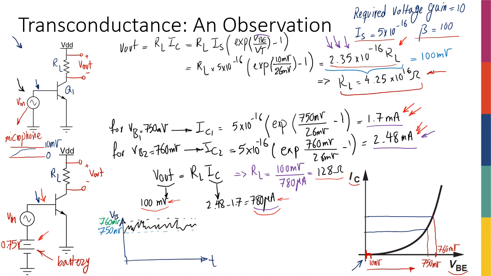So here I had 1.7, and here I had 2.48 milliamps, right? And that is really what I did. If you want to visualize this, this is what is happening. This is why we got such different results for the resistor that I need to have in my circuit.